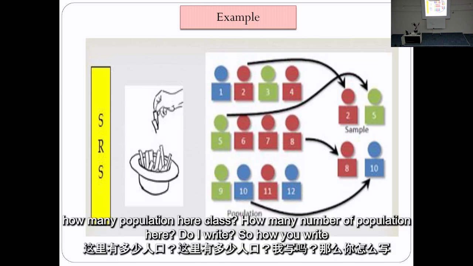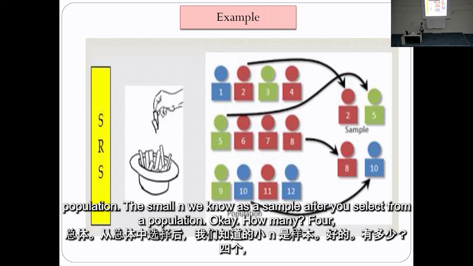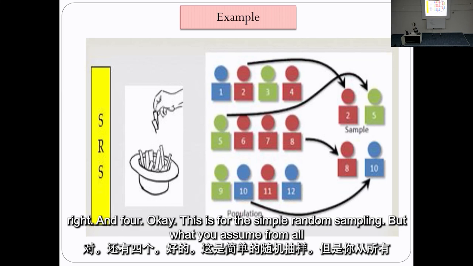How many in the population here, class? 12, right? And what is the sample needed? 4, right? So the capital N is the total number of the population, and the small n we know as the sample after you select from the population.